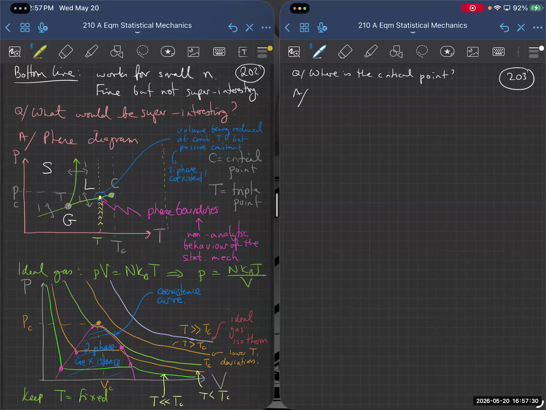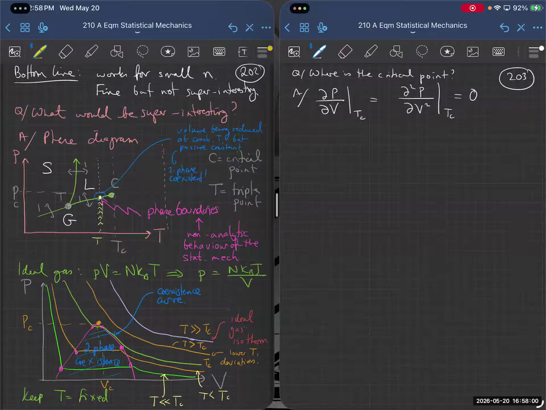And as you can see from the coexistence curve, at TC, dP by dV is equal to 0, and so is d2P by dV squared at TC equals 0. So that is the critical point. That's where you've got that very funny kink in the pressure-volume isotherms. So then you can say, well, can we compute this?